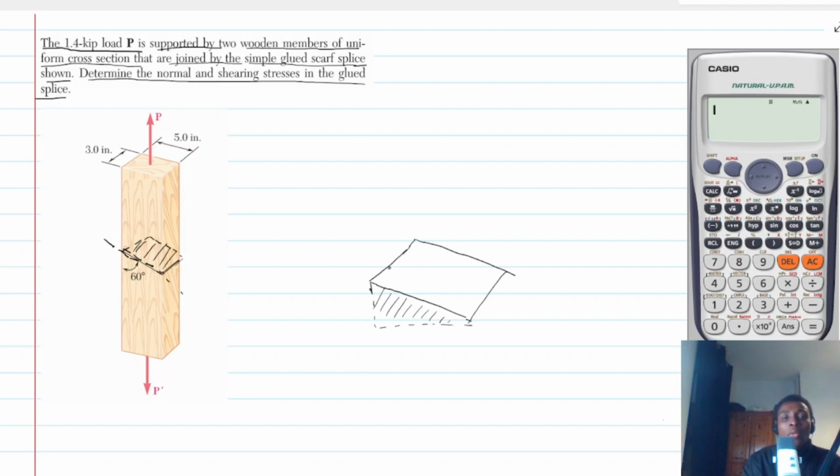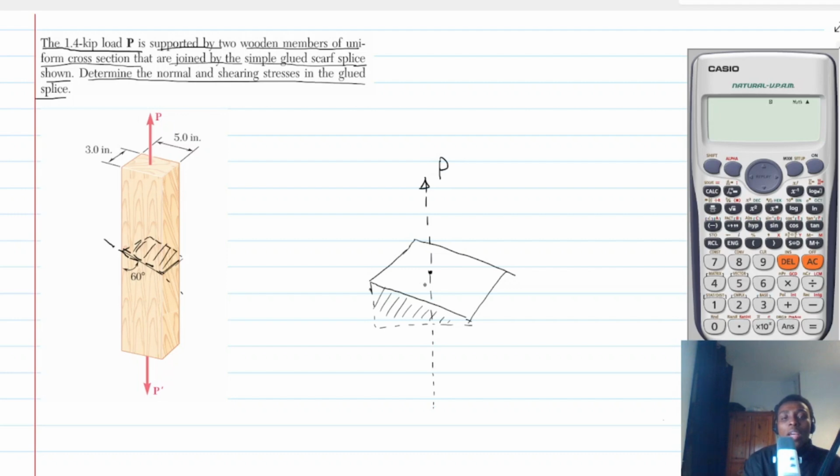Okay. Now, one thing we have to be careful about is that we have what we call the normal plane, which is passing through like this. And along this normal plane is the P, which is acting here. Right?